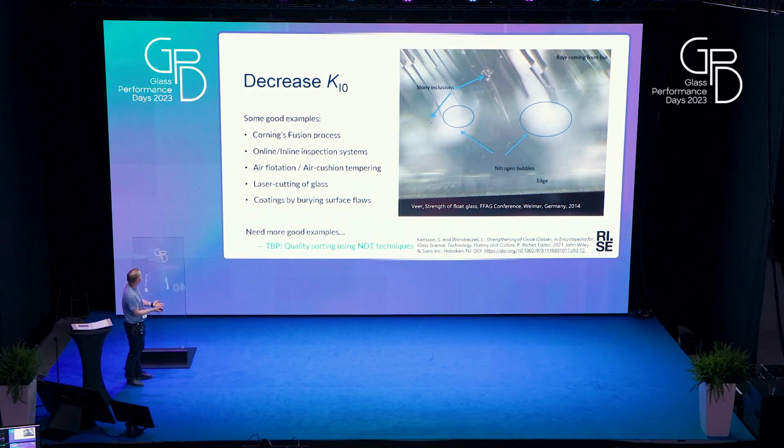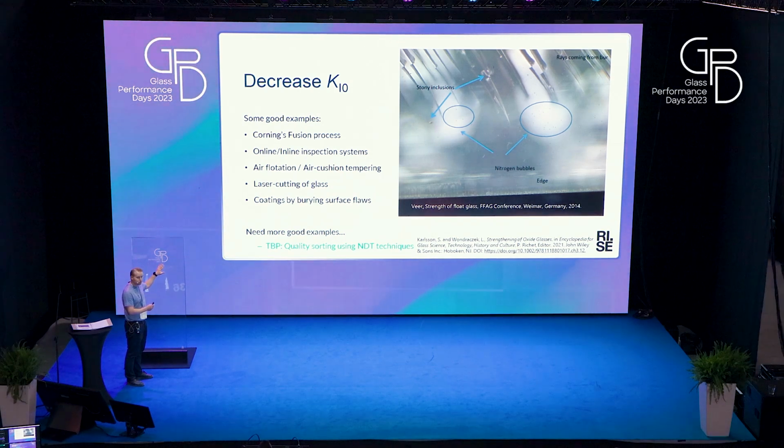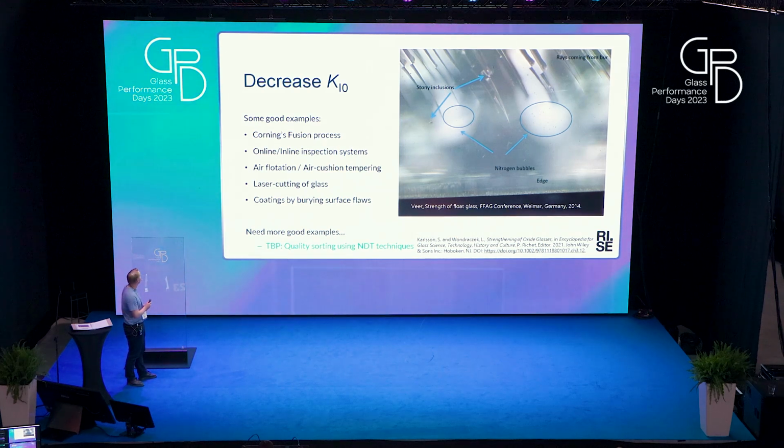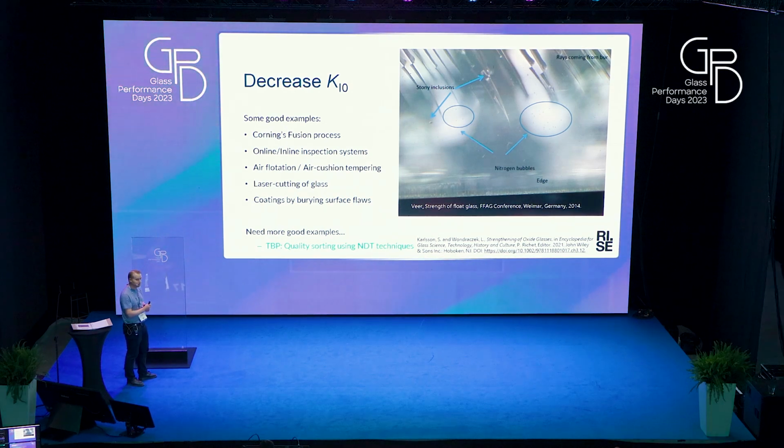That would mean a high quality glass. Some good examples on this is Corning's fusion process. Then you would have two sides which are not affected by rollers or anything like this. That would be high quality glass surfaces. Of course, online and inline inspection systems, but of course they also have some limitations.